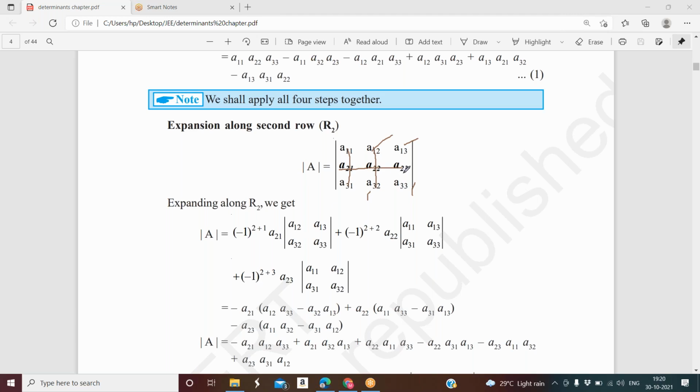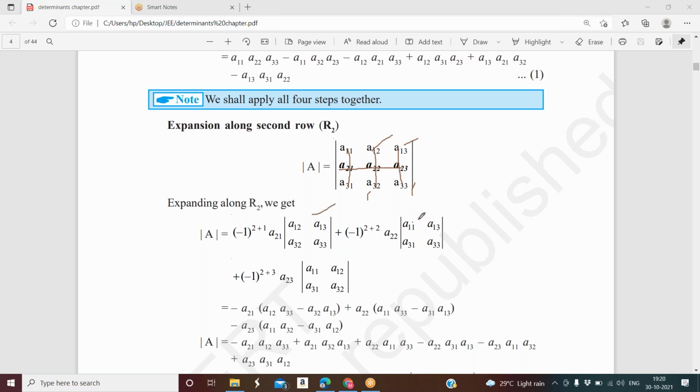Plus, what is the next element? A23. Since the next element is A23, I will add 2 and 3. So minus 1 power 2 plus 3 into A23. When you consider A23, you will delete this row and this column, so you will have A11, A12, A31, A32. So determinant A11, A12, A31, A32.